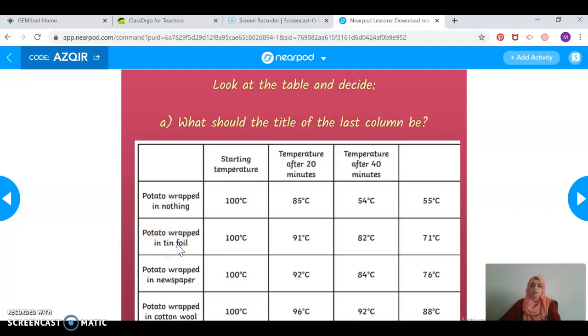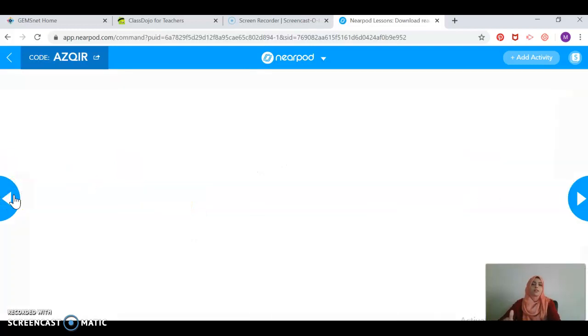One they wrapped in tin foil, one in newspaper, and another in cotton wool, but one potato they didn't wrap in anything. So why do you think they left one potato unwrapped?